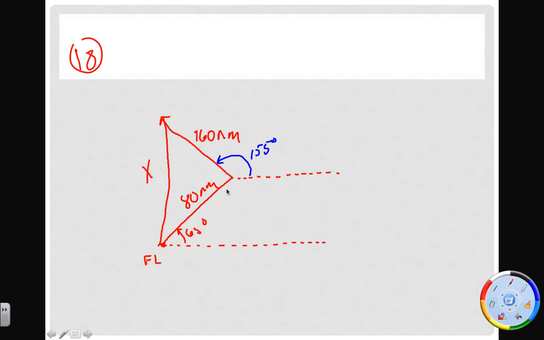If this was 65, this angle was 115, because they have to add up to 180. Remember, parallel lines cut by transversals? Remember? All right, if this is 115, this is 155.